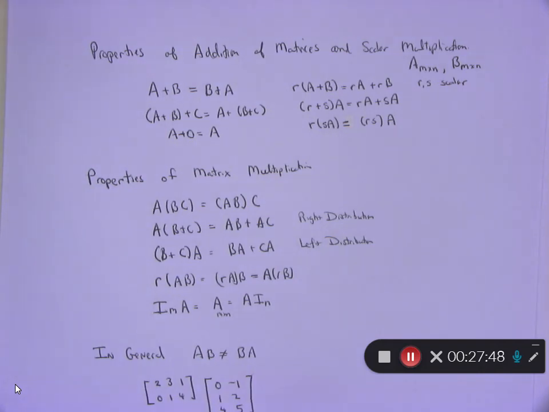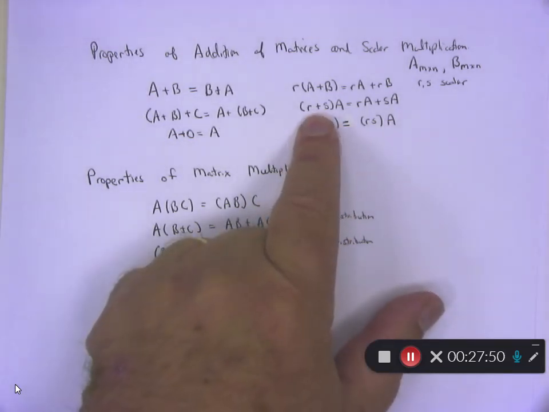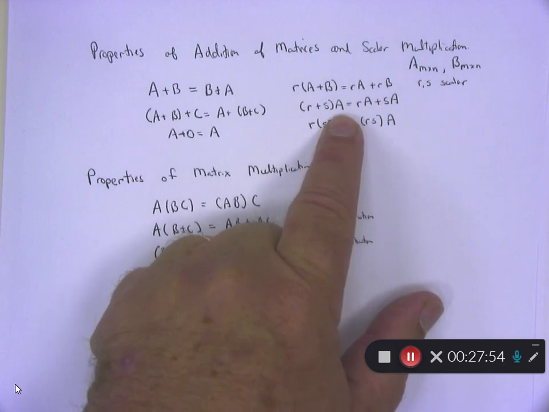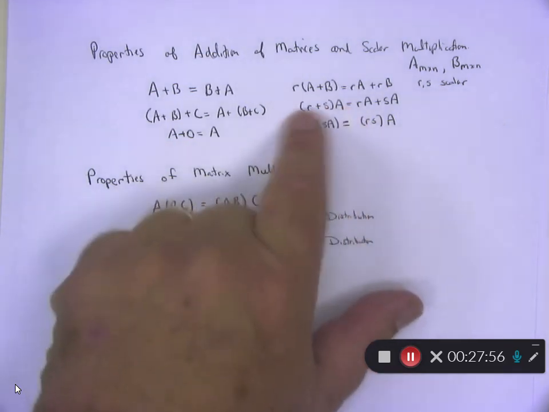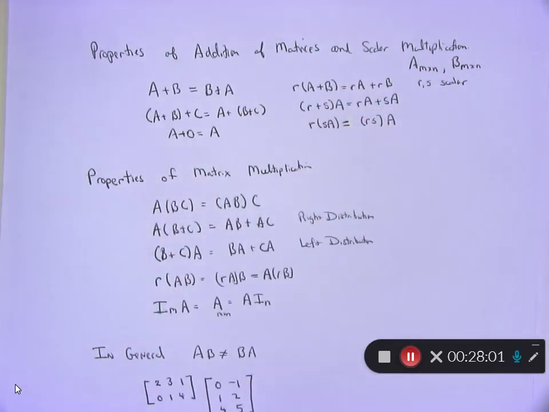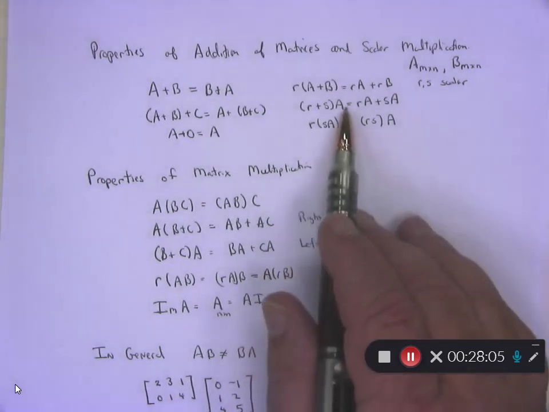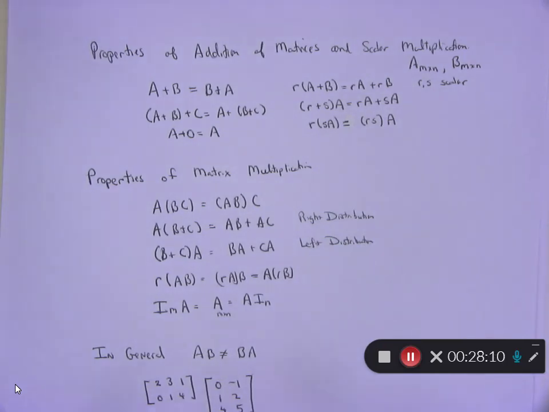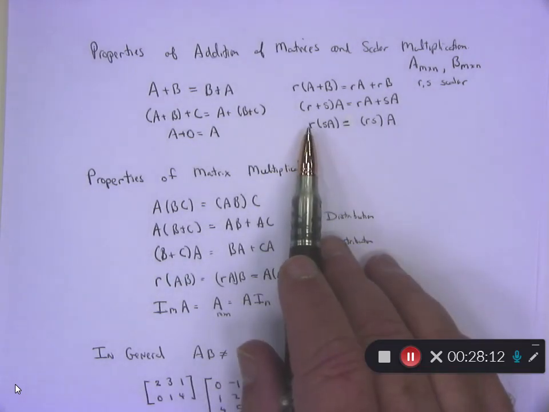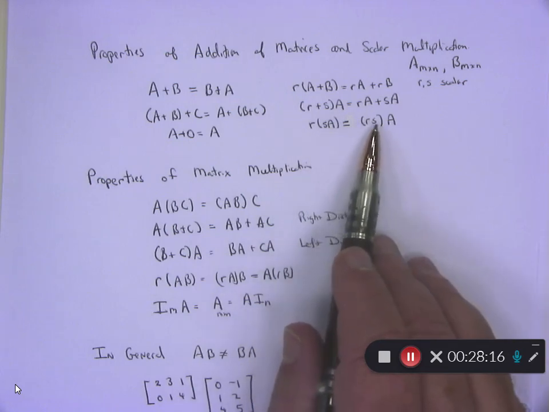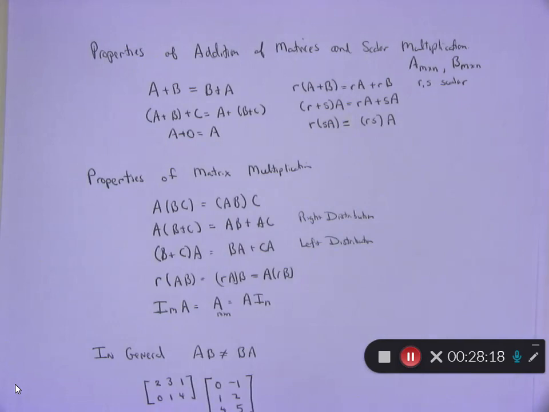Or if I flip it and have R plus S, two scalars being added together, all that multiplied by matrix A, you can distribute matrix A and get R times A plus S times A. You can distribute scalars in the front, or distribute the matrix A in the back, and still get the exact same thing. And again, scalar multiplication doesn't depend on order. So R times S times A is the same thing as multiplying R times S, then multiplying it times A. Okay?